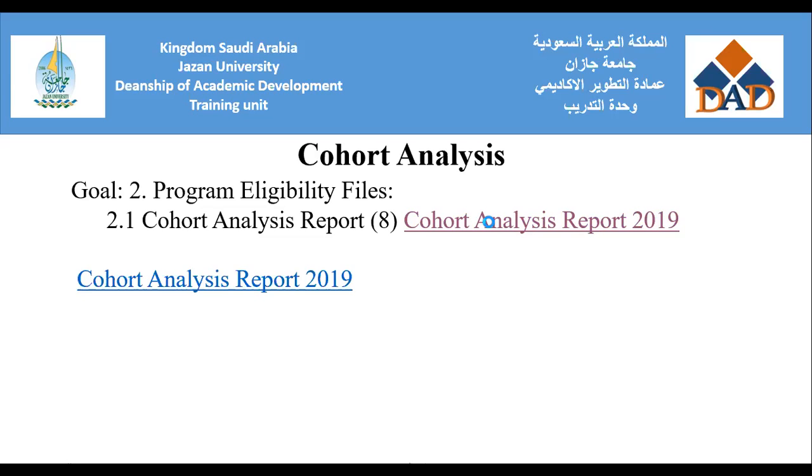This report we have prepared with the information we explained before, what formulas we have used, what percentage calculations we have done. That same information we presented here in the report we have prepared.